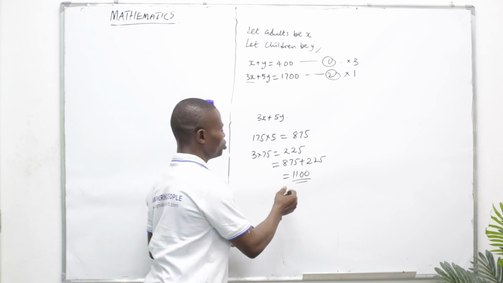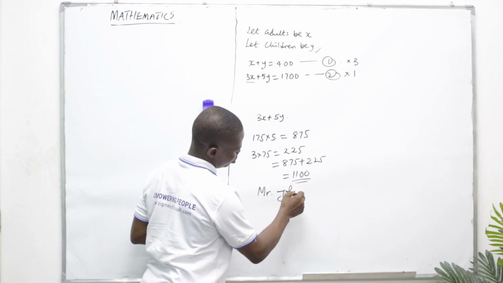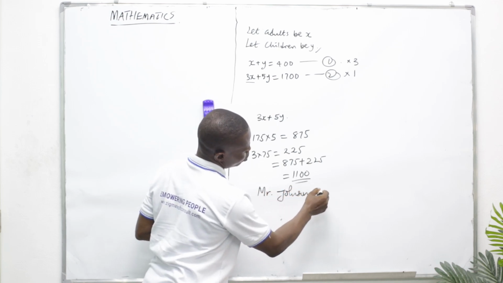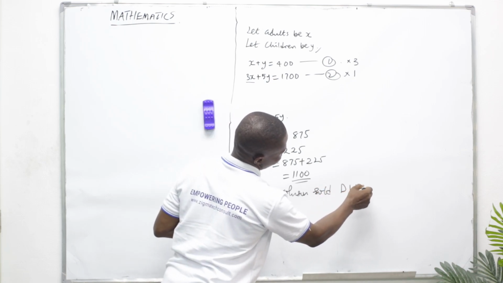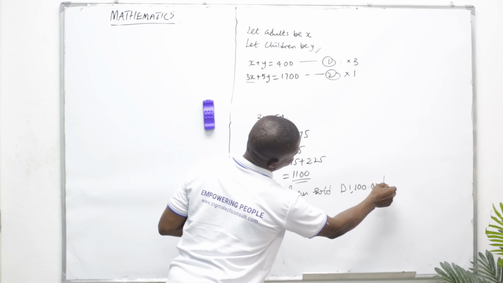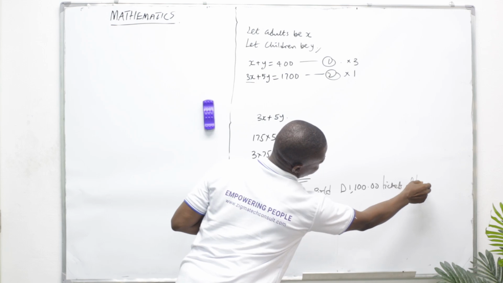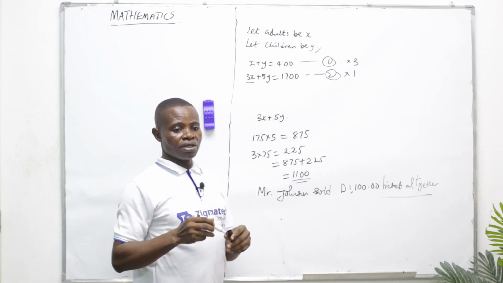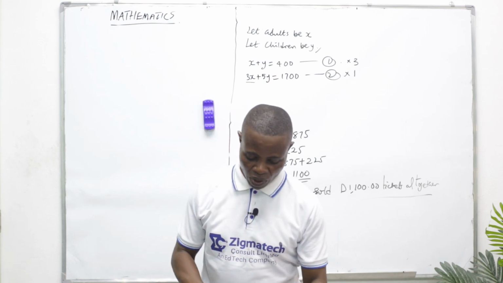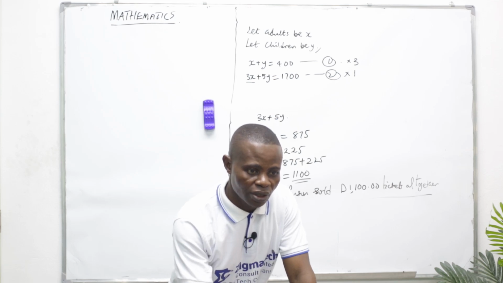So, Mr. Johnson sold 1,100 D altogether. Okay, so that is the solution. Question B, done and dusted.